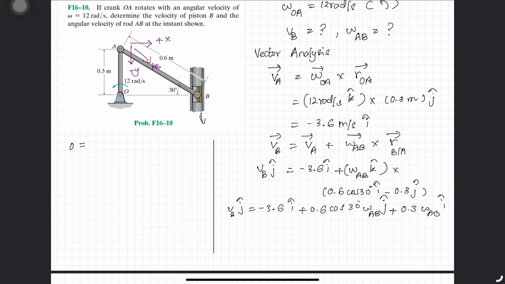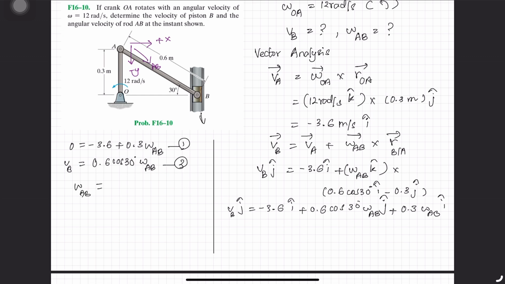So now we will divide into two equations for the i component and j component. For i cap, 0 equals minus 3.6 plus 0.3 omega AB, which is equation 1, and for j cap, VB equals 0.6 cos 30 degree omega AB, which is equation 2.